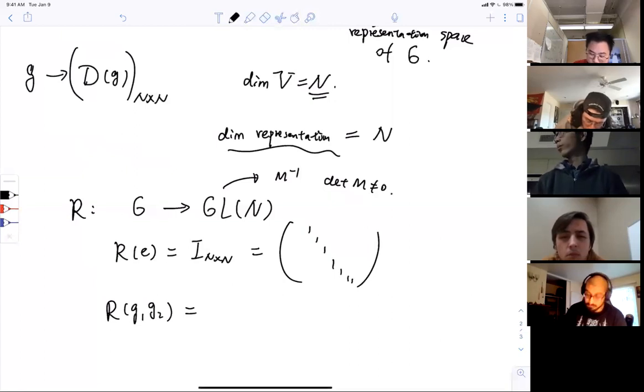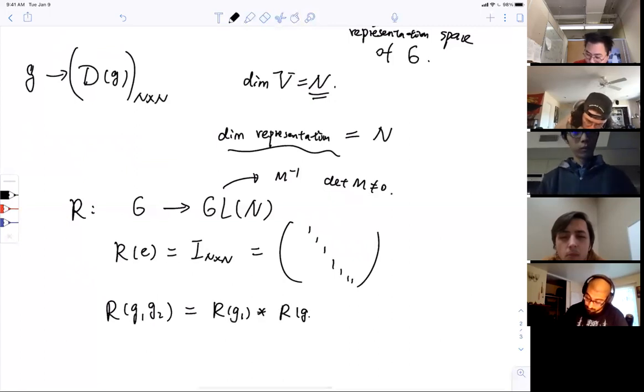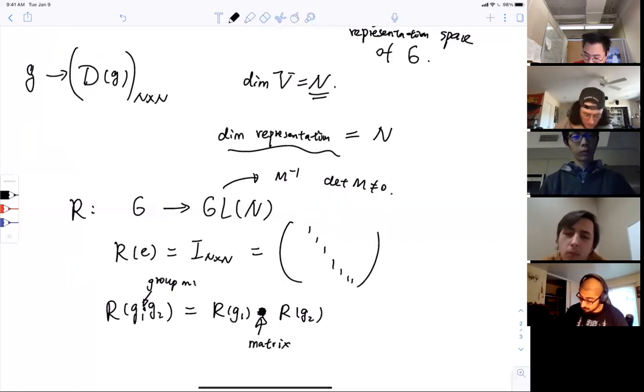So we map G1, G2 onto R(G1) times R(G2). Here this multiplication is a group multiplication, but here it becomes matrix multiplication.